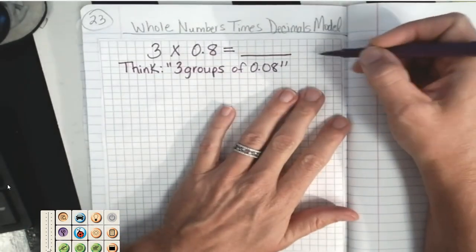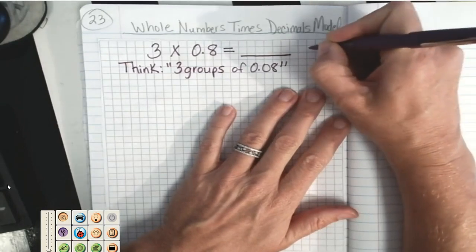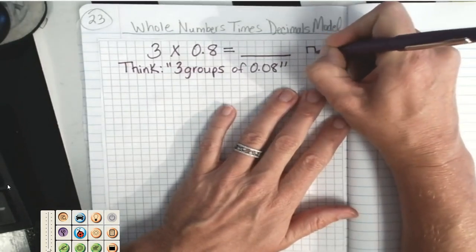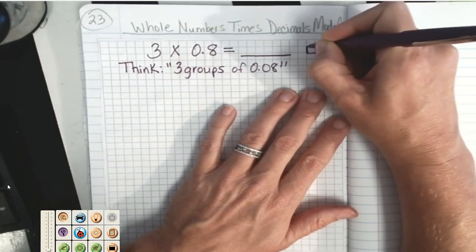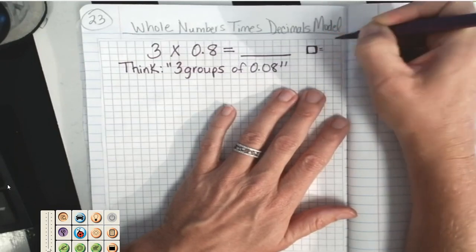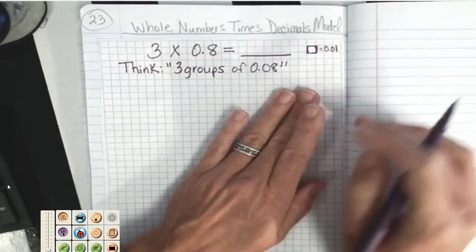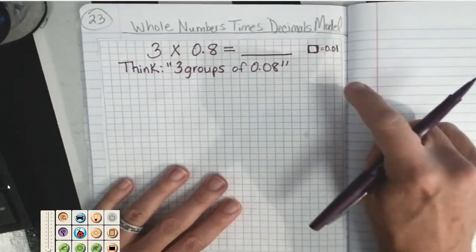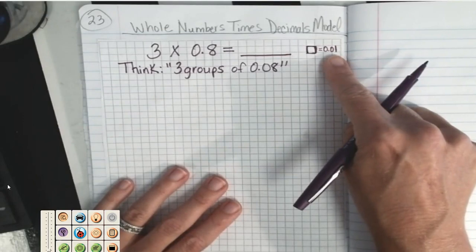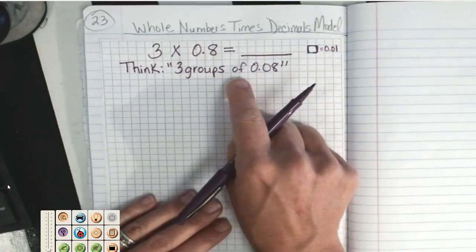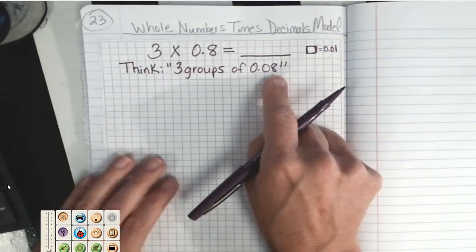And we're going to use these little squares on our grid. We're going to use squares to represent each 100th. Okay, so every single square is going to equal 100th. So think about, how can we show 3 groups of 800ths?